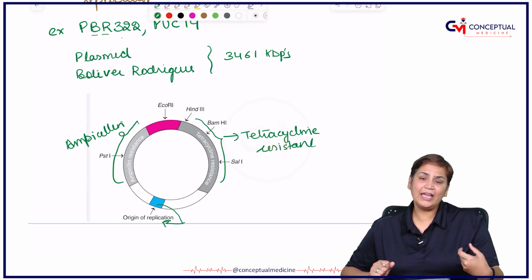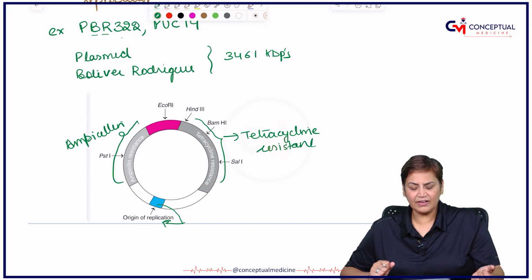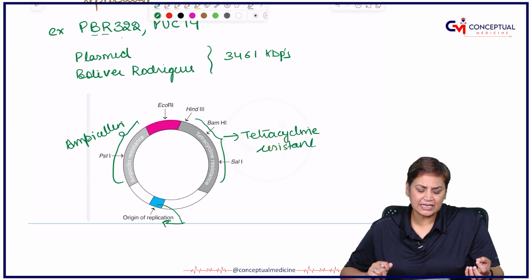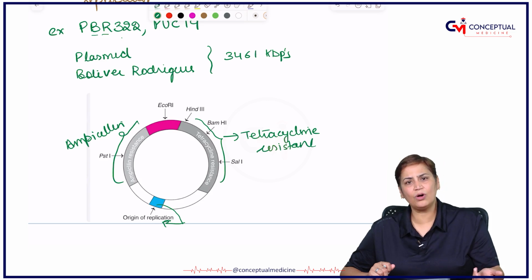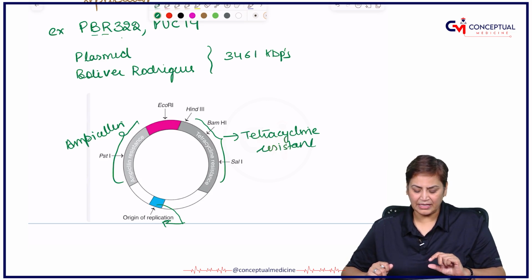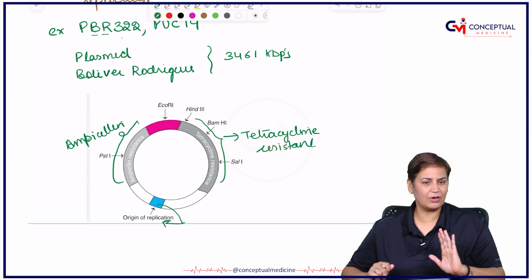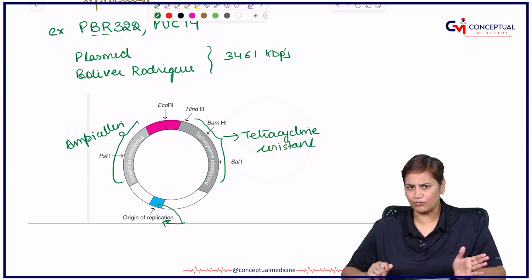On the contrary, if DNA fixes itself in the ampicillin gene, so the tetracycline is allowed, but this becomes the test to differentiate where the recombinant clones have gone. If it binds with the ampicillin resistant gene, the ampicillin resistance factor goes off.